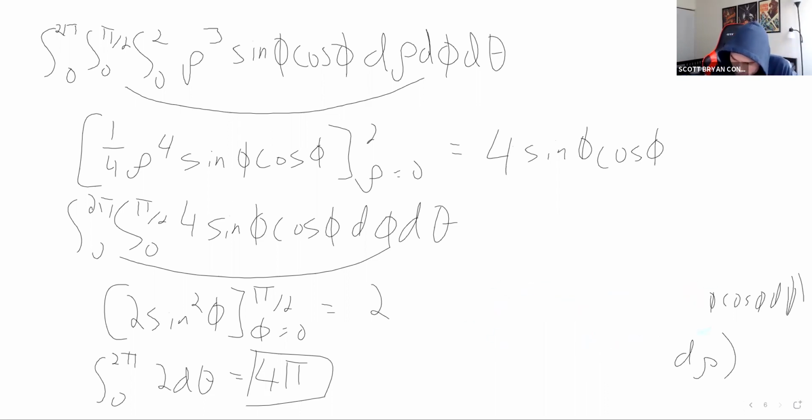Okay, so we get the total charge, much nicer to deal with now, is 4 pi. All right, so part B, the answer key is actually wrong here because it did a center of mass calculation, which is kind of weird because there's no center of charge.